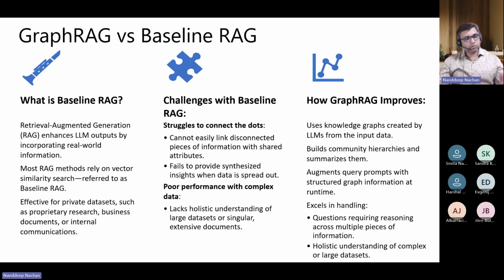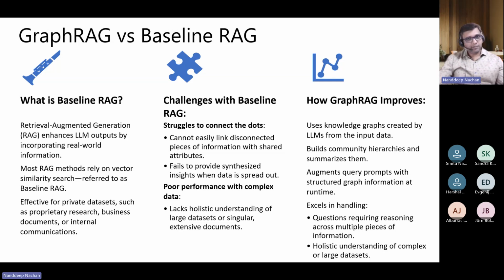Whether those two documents are connected to each other in any way, that kind of information it will lack. So if a question requires linking disconnected pieces of data through shared attributes, baseline RAG often fails. It also does not handle large data sets or complex documents well, and it lacks the ability to provide a holistic or summarized understanding.